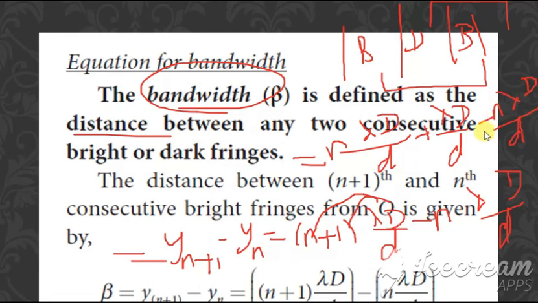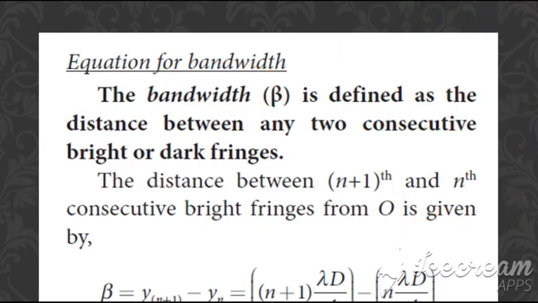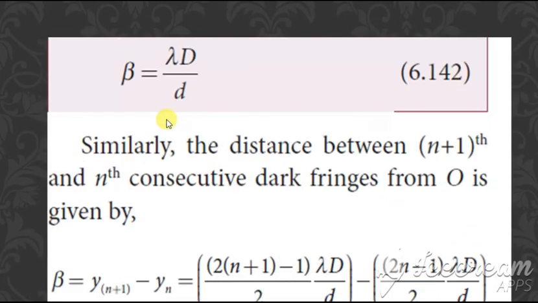This term has a plus and this term a minus, so we get just lambda D by d alone. This gives the equation for bandwidth: beta is equal to lambda D divided by d.